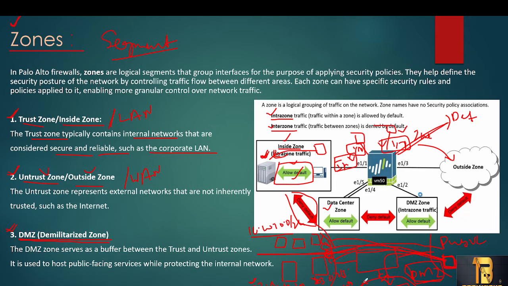We are segregating the traffic from the inside zone to the DMZ zone. They can access and leave, but they don't have visibility towards our inside zone. That is the main purpose of the DMZ zone.